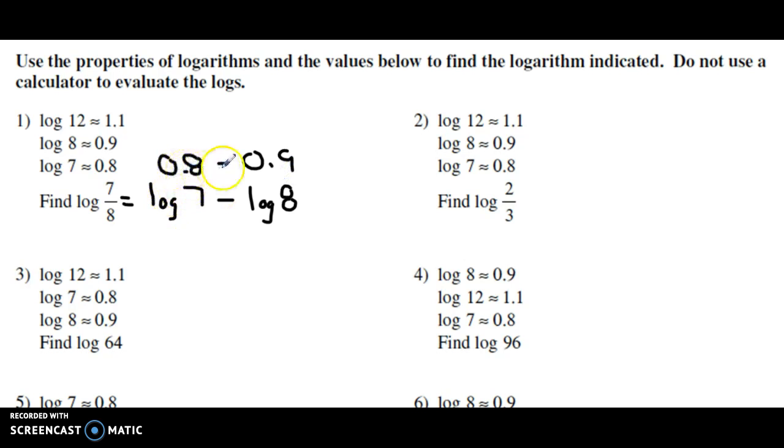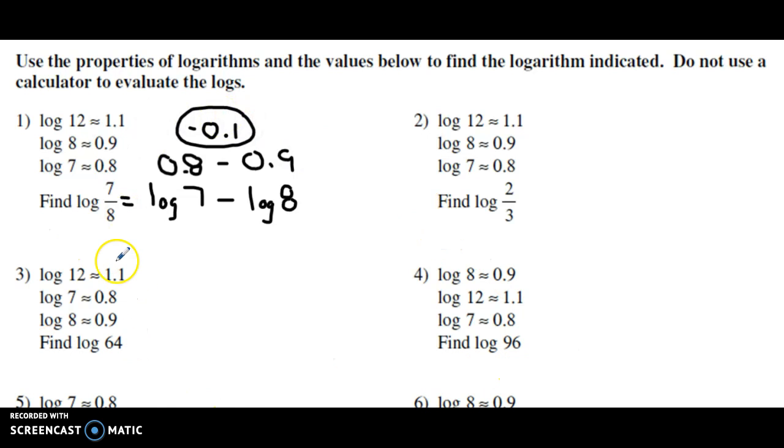All right, well, 8/10 minus 9/10 is negative 1/10. So there we go. An approximate decimal value for log of 7/8 is negative 1/10. Okay? We're going to employ this strategy over and over with these other exercises.